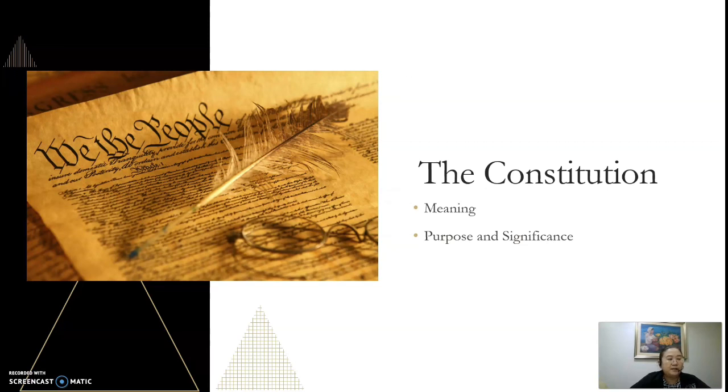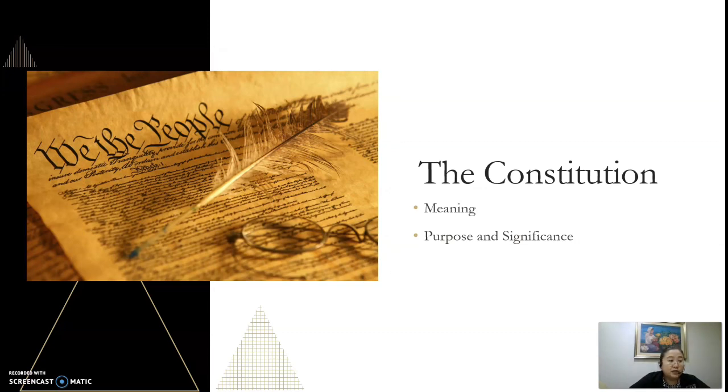And for the purpose and significance, needless to state, as we already mentioned, it is the supreme law of the land, the fundamental law of the land. And being the supreme law of the land, it is the symbol and monument of the people's will, because the Constitution derives its power from the people, from the sovereign capacity of the people.